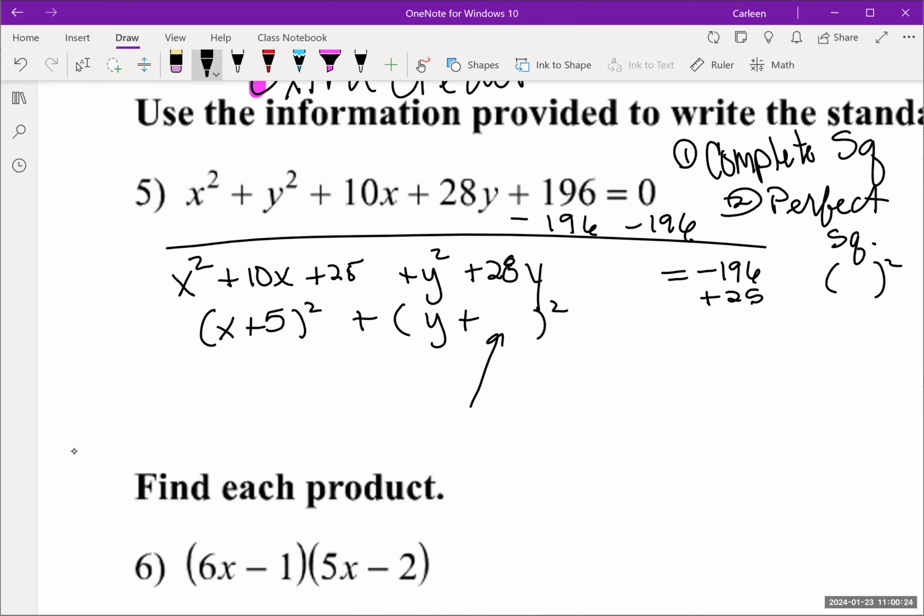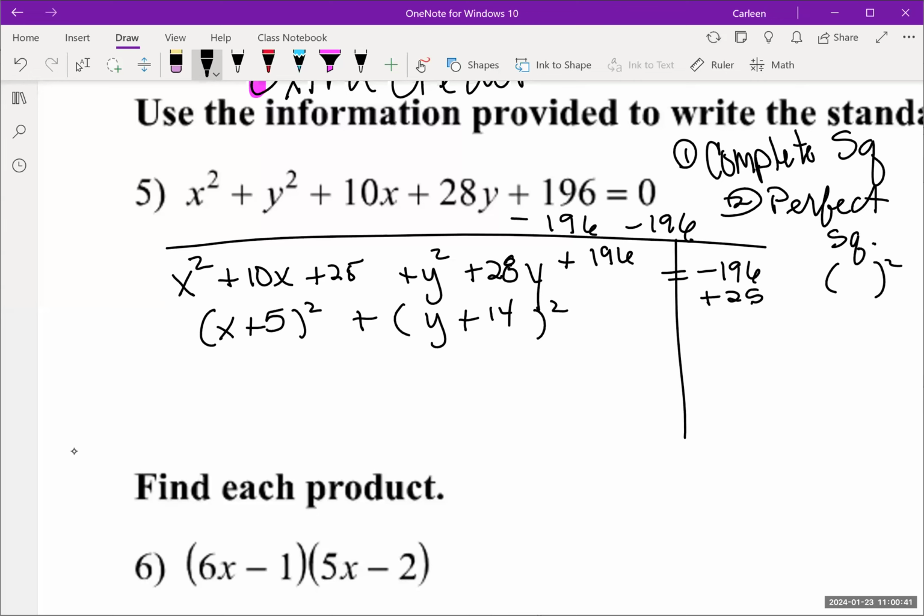Okay, 14. Yeah, 28 divided by 2. But if that's the case, what is going to appear right here? It is 196. Yeah, 14 squared.